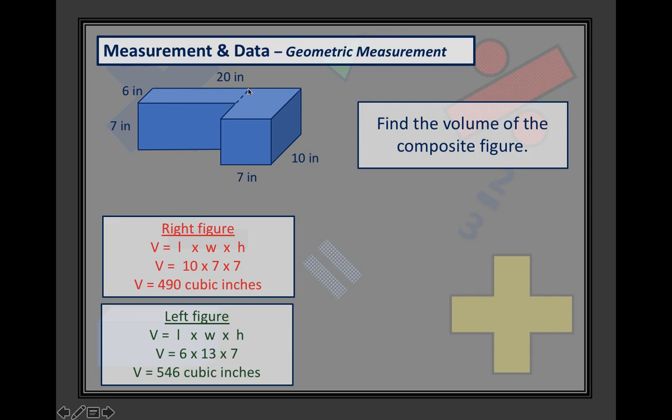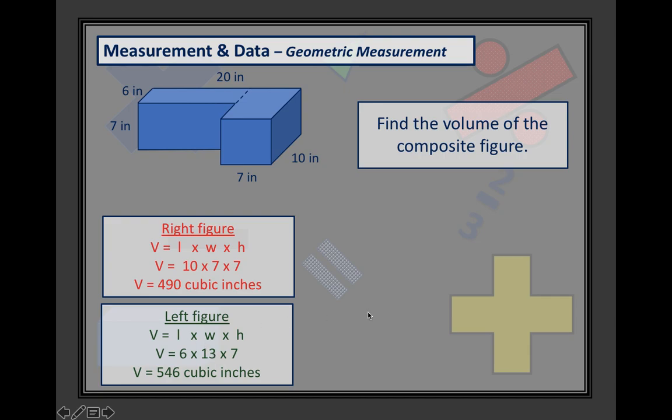So if 7 of those 20 inches are from this point to this point, then to find what's left of the 20, all I need to do is subtract that 7 from 20. So that 20 inches across the whole back minus this 7 will give us a width of 13 inches right there. So that's where that came from.